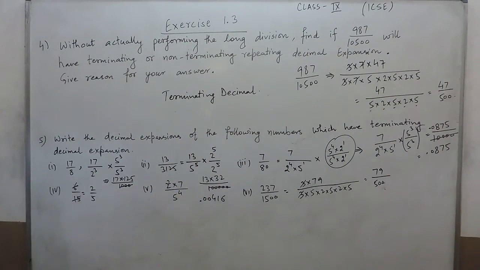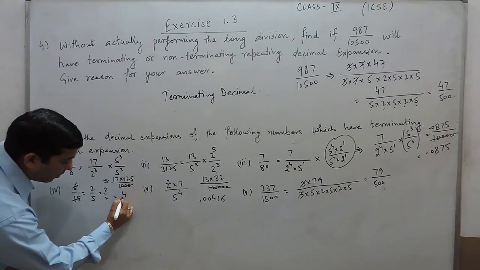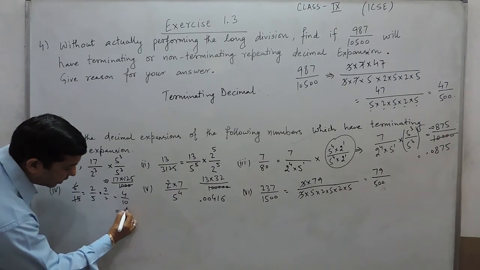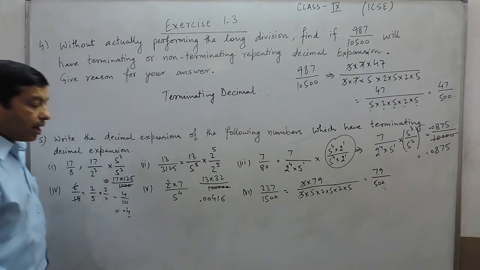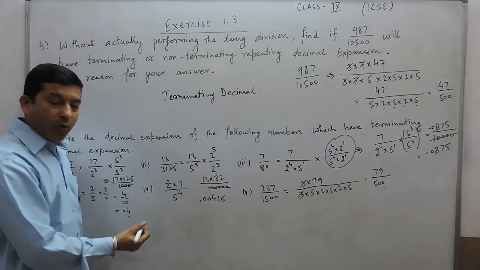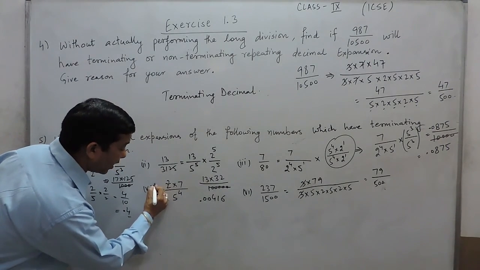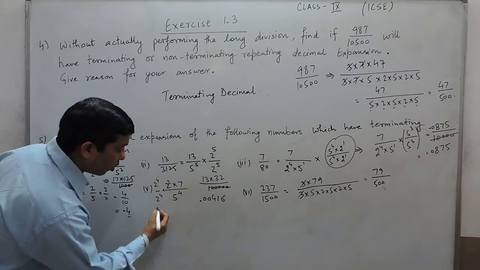2 upon 5 is very simple, or we can multiply by 2 upon 2, it becomes 4 upon 10, where the correct answer is 0.4. Again, if it is 7 upon 2 to the power 2 into 5 to the power 4, it's better that we multiply by 2 to the power 2 in the numerator and denominator.